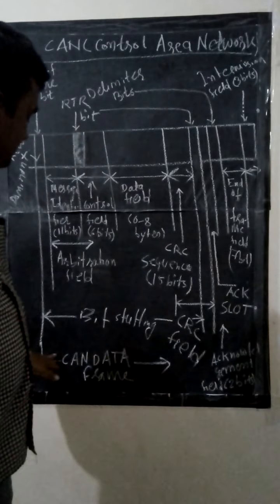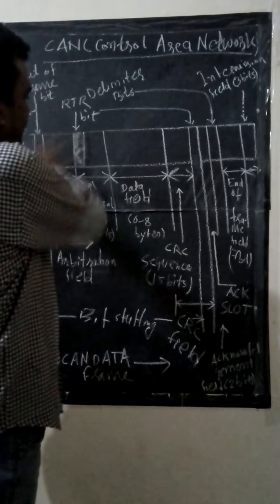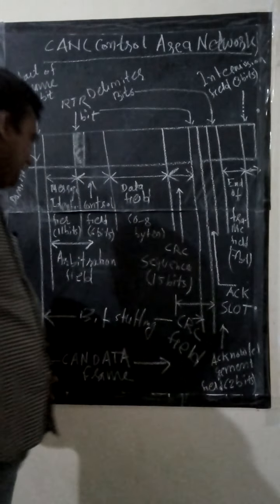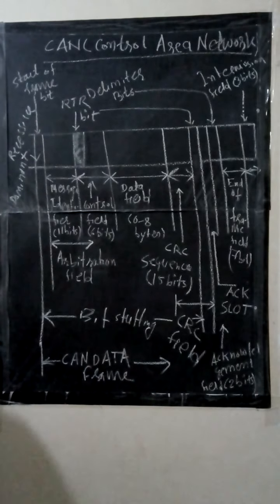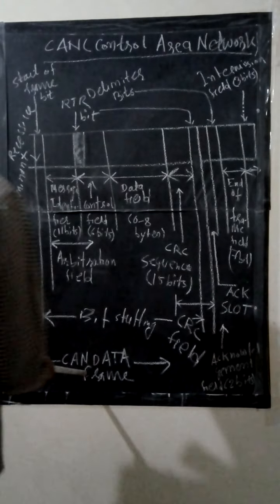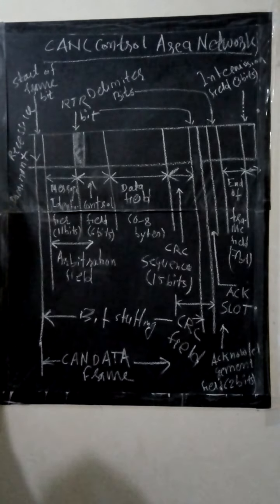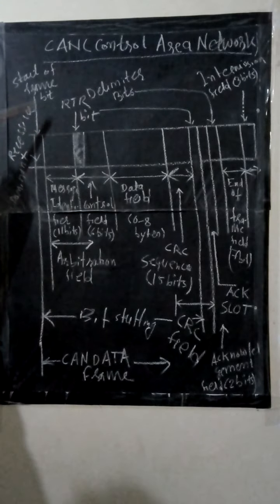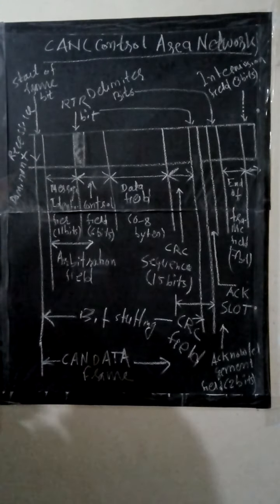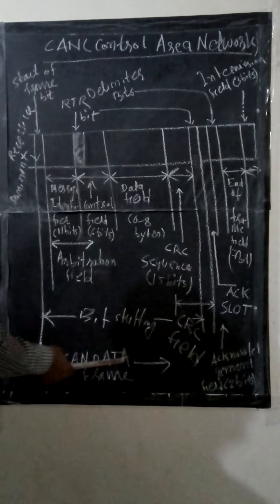So this is the CAN data frame. This complete diagram is called a CAN data frame, control area network data frame.